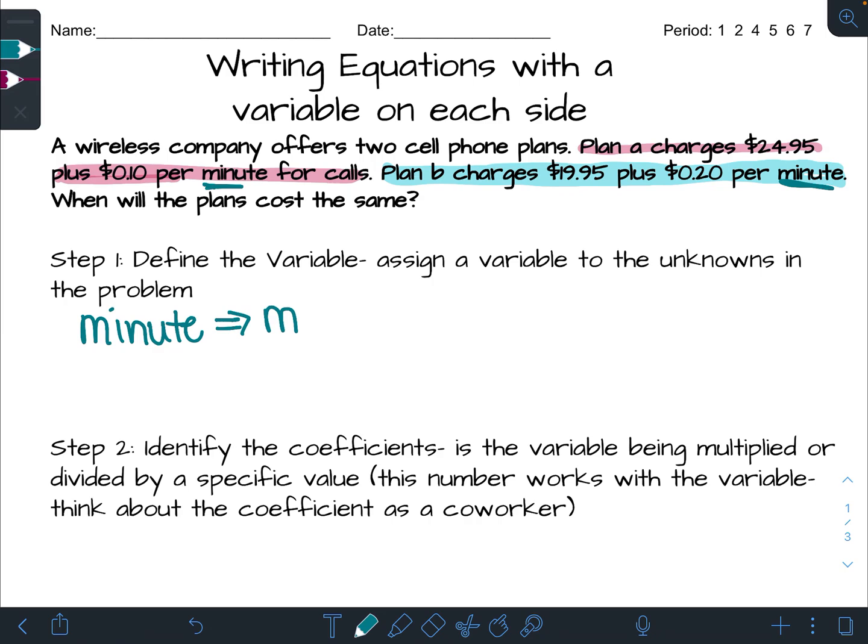Step 2 says to identify the coefficients. So is the variable being multiplied or divided by a specific value? And this number works with the variable, so think about the coefficient as the coworker. So whenever I am looking for my coefficients, it is what is affected by my variable. So if you see it, it says 10 cents per minute or 20 cents per minute.